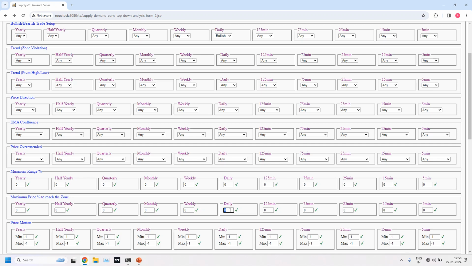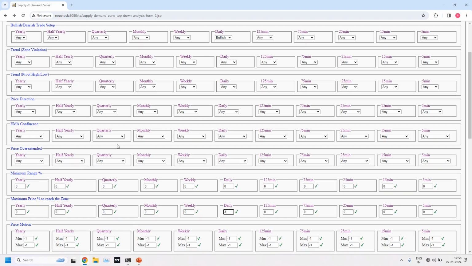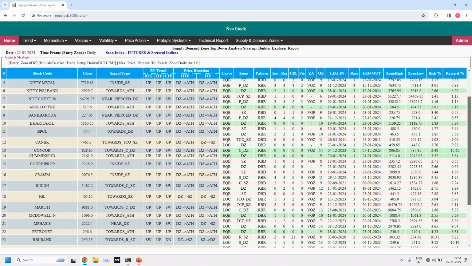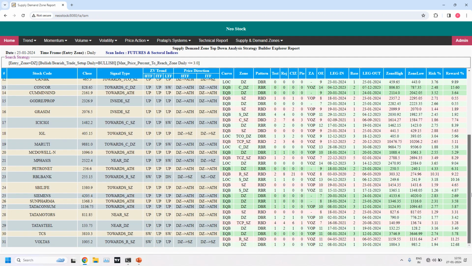Maybe I want just 3% before the zone. Which zone? Demand zone. So for entry zone you select demand zone, 3% before, and it will list all the stocks whose prices are there. See, now the search is limited to 31.